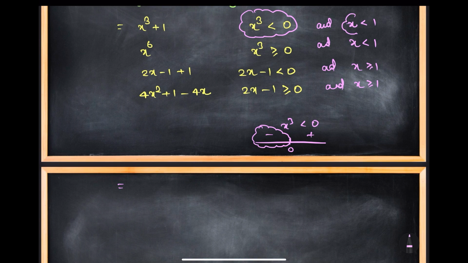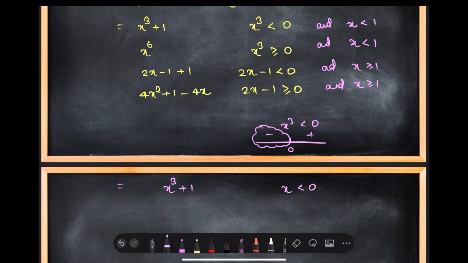And they are saying that x has to be less than 1. So can I say that this region exists if x is less than 0? This is case 1. Okay, so it is allowed if we have x cube plus 1. So this is the first line.